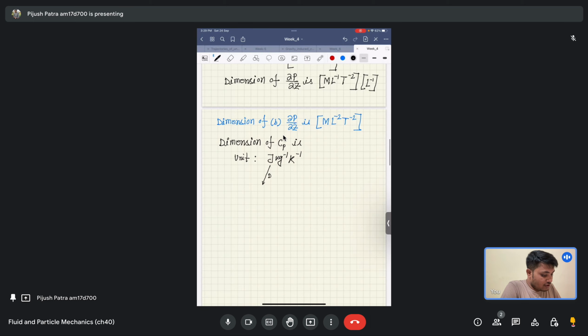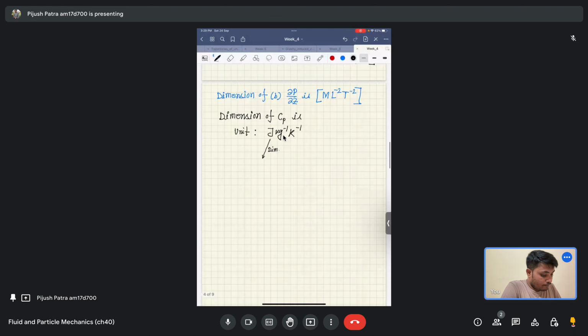So its dimension is: Newton is equal to mass into acceleration into meter, L, right?